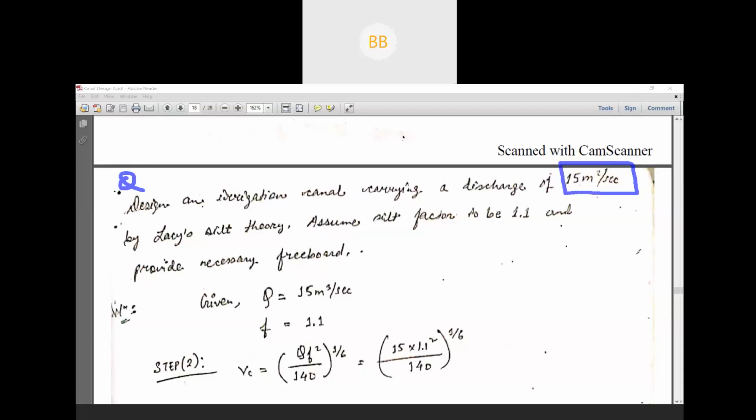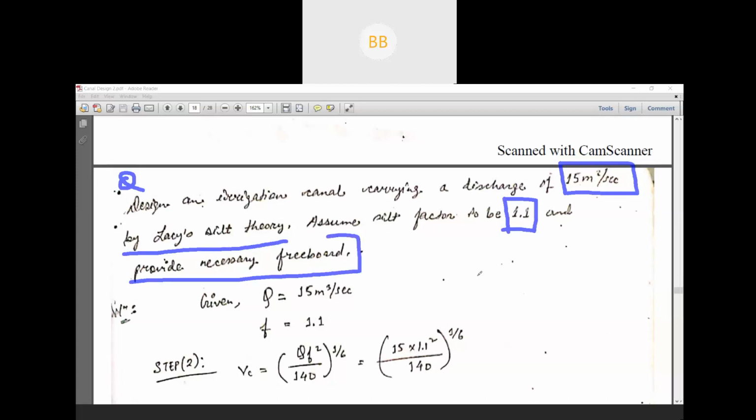The discharge is given, 15 meter cube per second. Assume that the silt factor is 1.1. The silt factor, small f, is given as 1.1, and provide necessary freeboard.